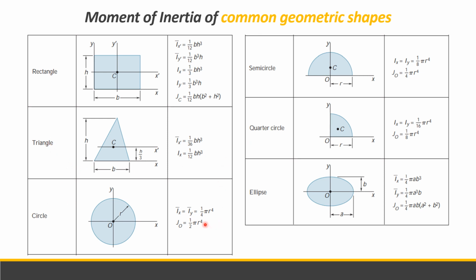Yung kanina ginamit natin, no? The centroidal moment of inertia of a circle is 1/4 pi r to the 4. So for a semicircle, quarter circle, and ellipse, you have to be familiar with these given known equations.